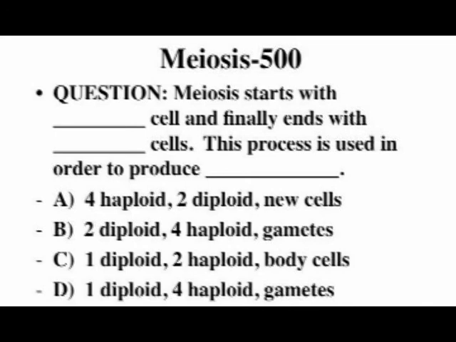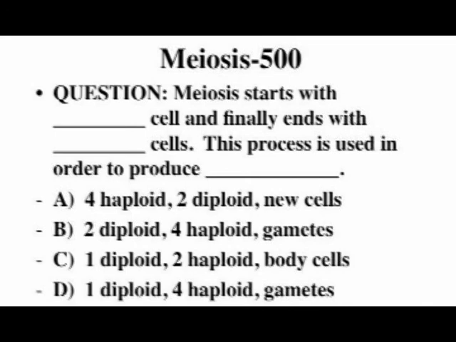So let's see what we have here. Okay, it starts out with, A, 4 haploid, 2 diploid, and new cells. B, 2 diploid, which ends in 4 haploid, used to produce gametes.